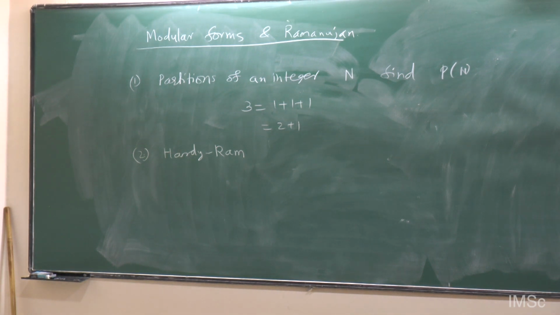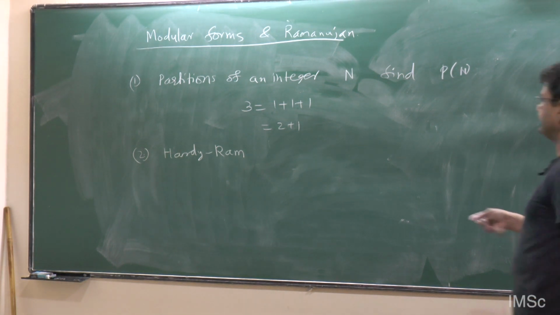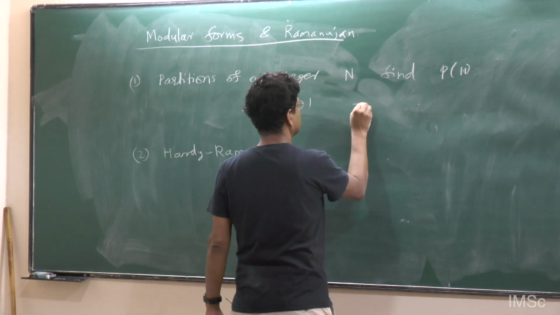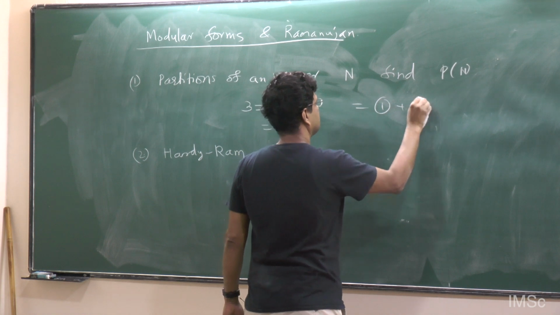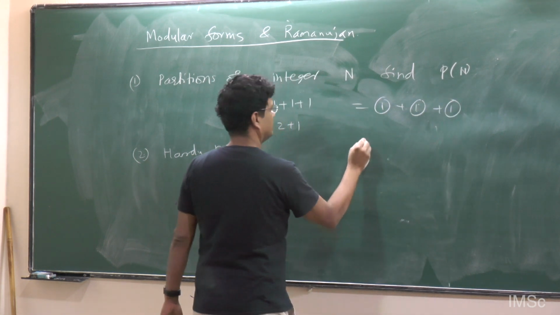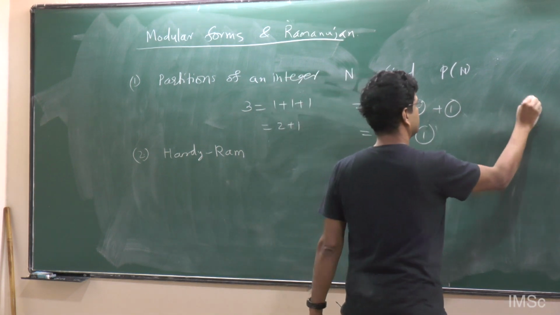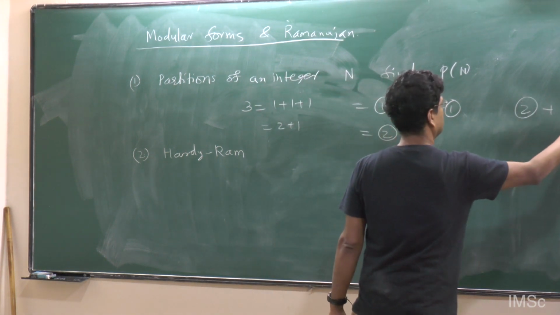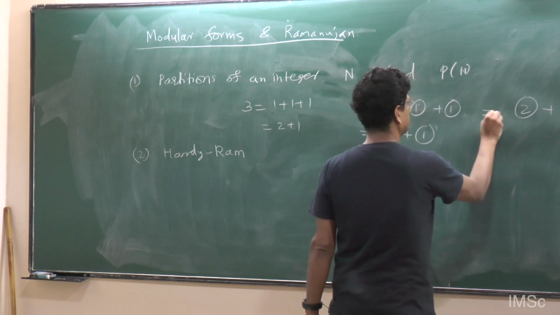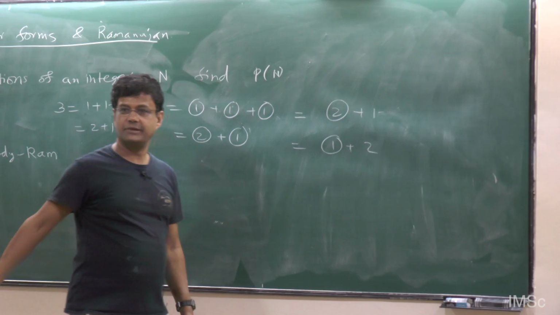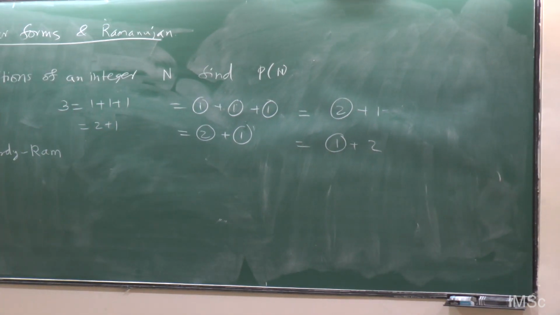How many ways can I write 3 then? There are more ways, right? Let me denote red by a circle. So you can write this as 1 plus, this is red, or I can also write it like that, and so on. There are many ways. And as you increase the number of colors, it will also increase.